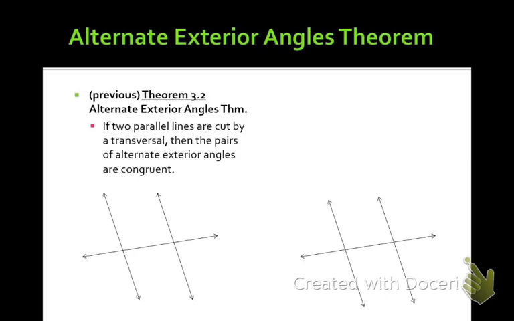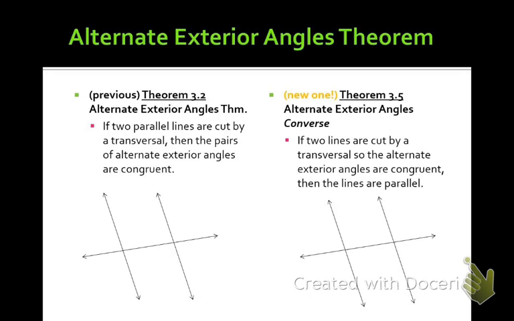So far we've got corresponding angles would have to be congruent to show the lines are parallel. Alternate interior angles would have to be congruent to show the lines are parallel. Alternate exterior angles would have to be congruent to show the lines are parallel, right? So again, from before, from section 3.2, if we know the lines are parallel, then the angles are congruent.